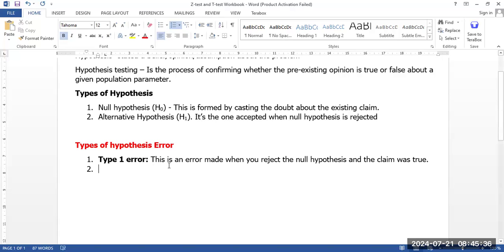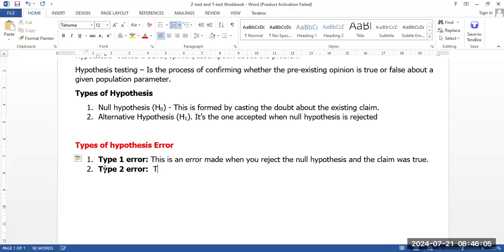Then type number 2 is type 2 error. And what is type 2 error all about?